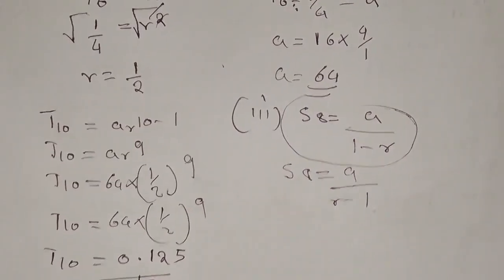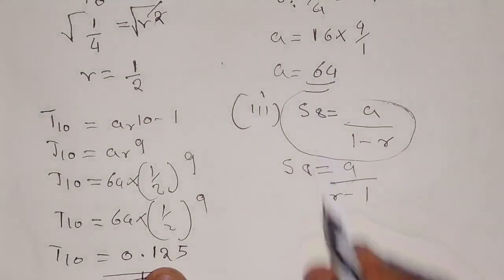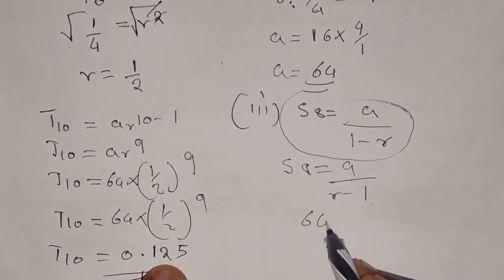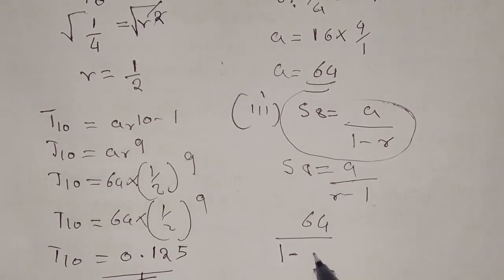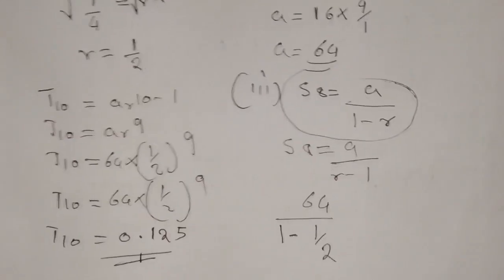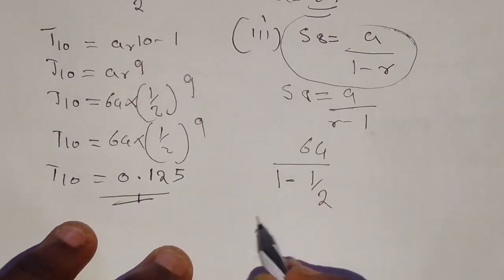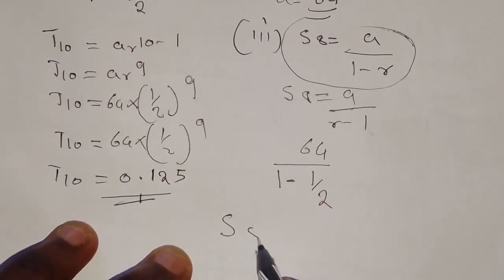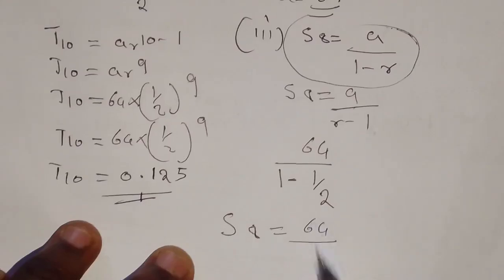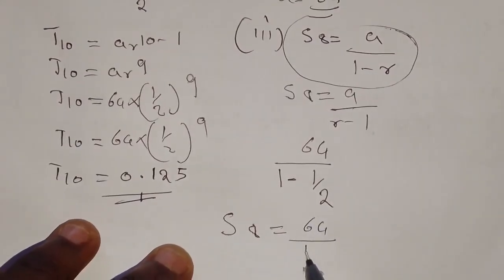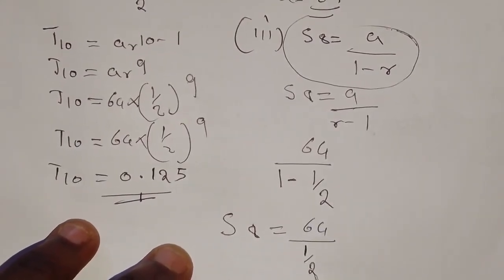Okay, so we found our a, our first term, to be 64, over 1 minus our r, which is 1 over 2. So here we're going to have sum to infinity is equals to 64 divide 1 minus 1 over 2. It gives you 1 over 2.